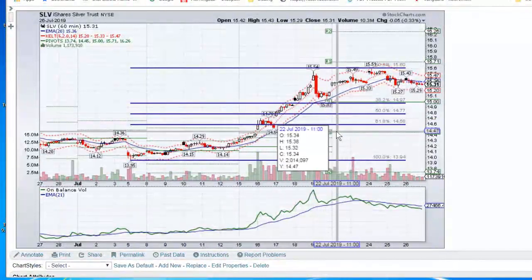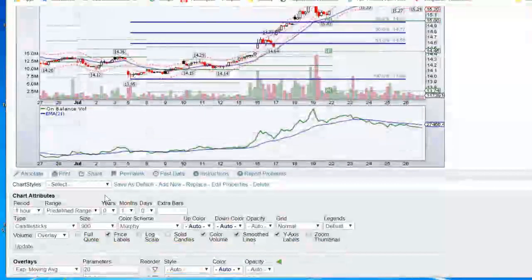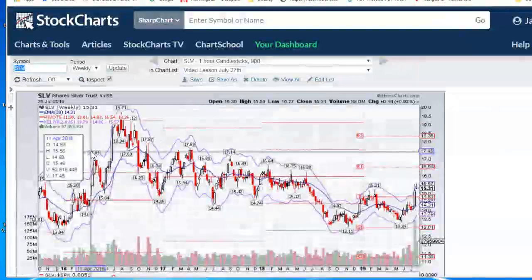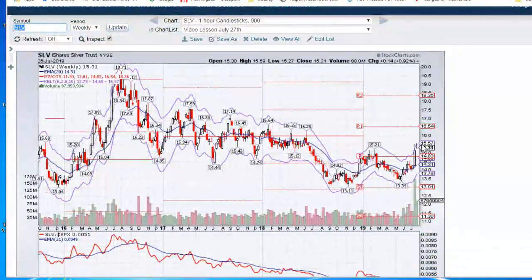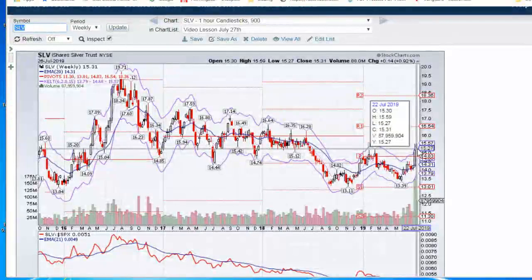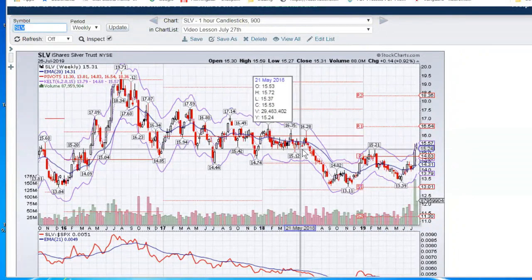And of course if you want to look at this on a weekly basis, you can see we're up near the weekly Stark bands here too. For this week they were at 15.57. So we know the high was 15.59. So we're bumping up next to this.